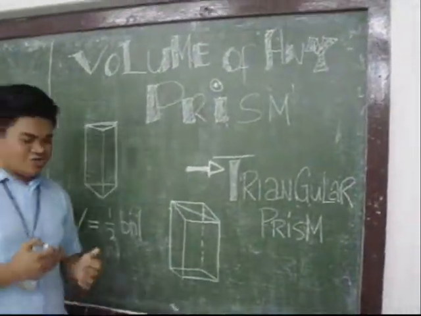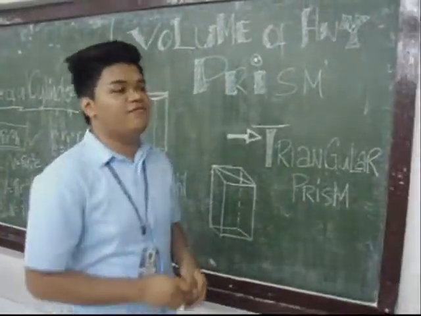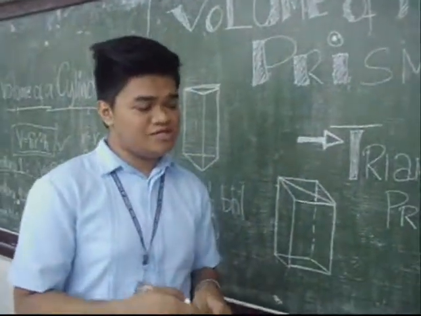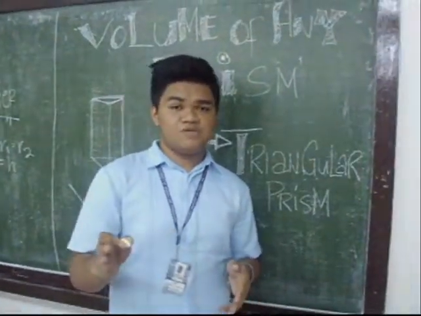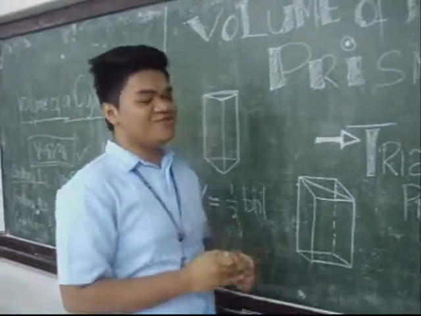So as a continuation, volume tells about how many cubes are there in a figure. The volume of any prism is the product of the area of the base and the distance between the two bases.